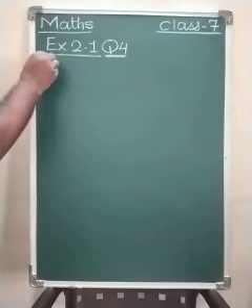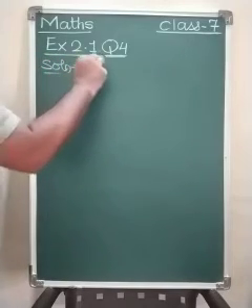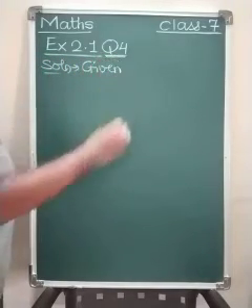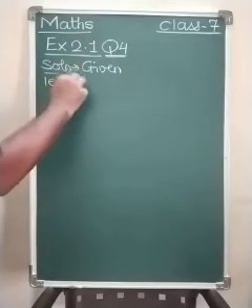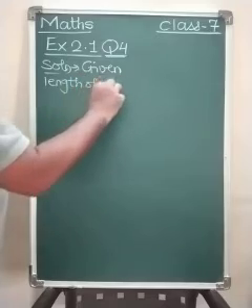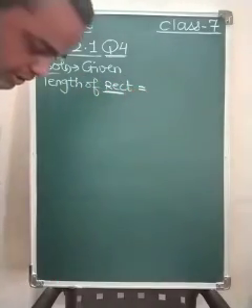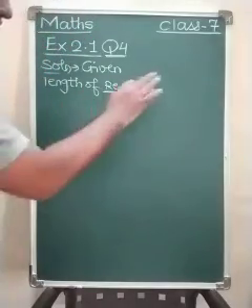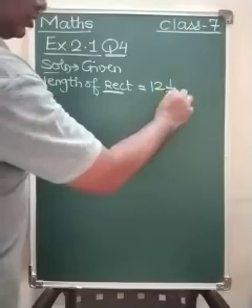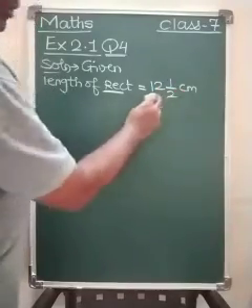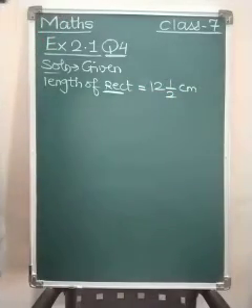So what is given? Solution. Length of rectangle equals to 12 1 upon 2 centimeter, or we also term this as 12.5 centimeter long.